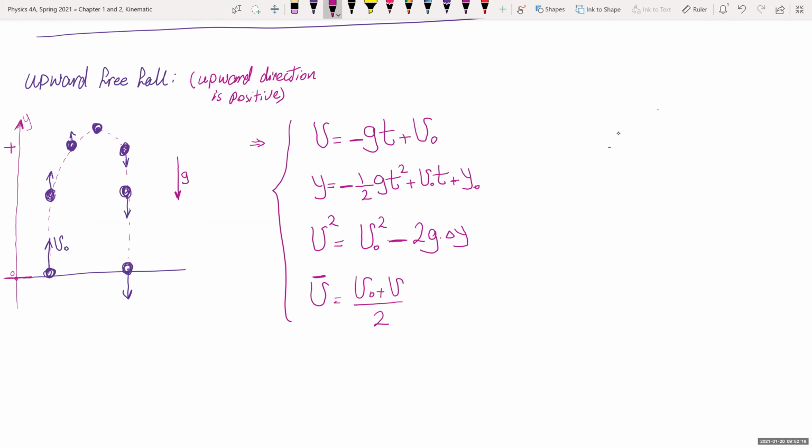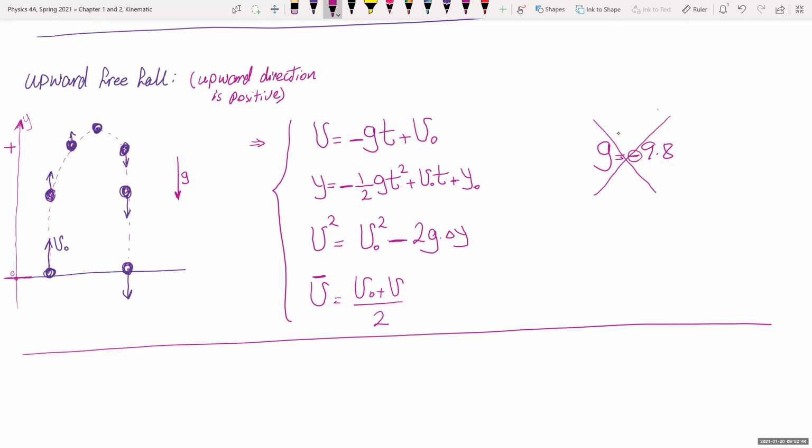Remember, do not say g is minus 9.8. No. I already put this negative in the equation, so you don't need to re-put it. Don't do it 2 times. Okay? So these are called the upward free fall equations.